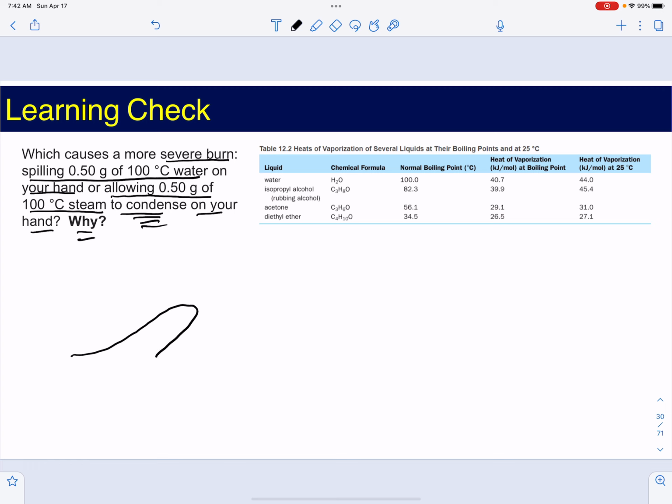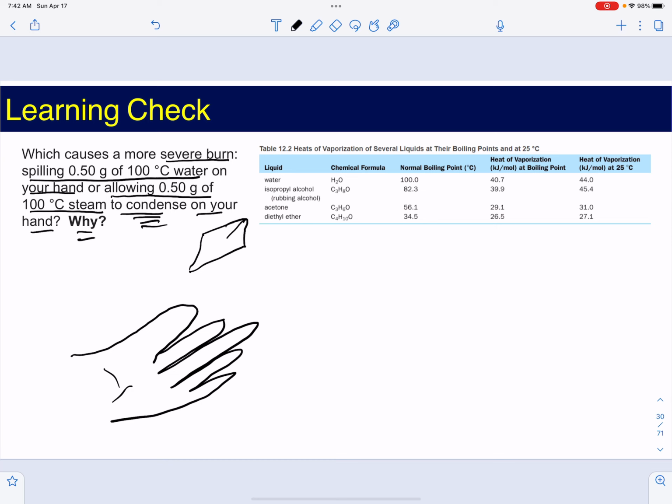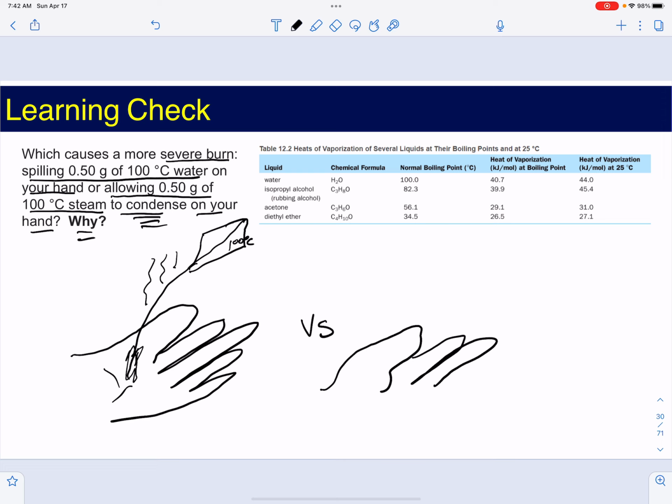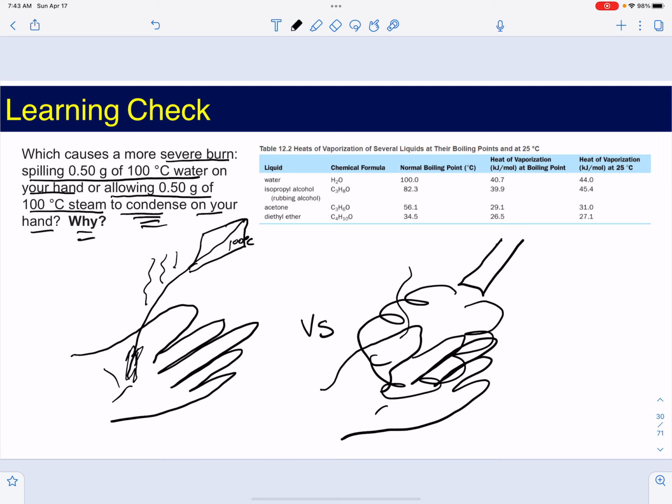You have your hand, and we're spilling hot water onto it, and it's really hot water at 100 degrees Celsius, compared to having your hand and sending steam, which is at 100 degrees Celsius also, onto your hand, and the steam then condenses into water.